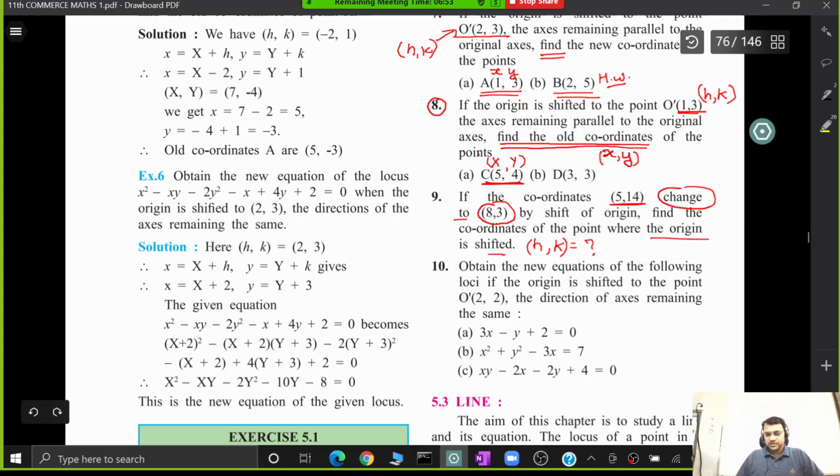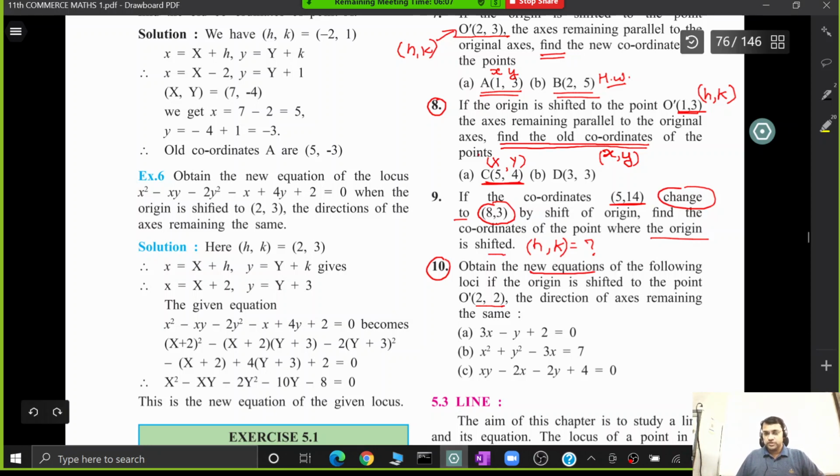So let us understand question number 10. It says, obtain the new equation of the following loci if origin is shifted to the point 2, 2, the direction of the axis remaining the same. So what do we do in this? Let us understand that.